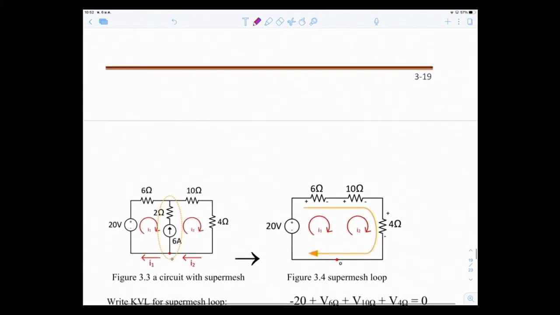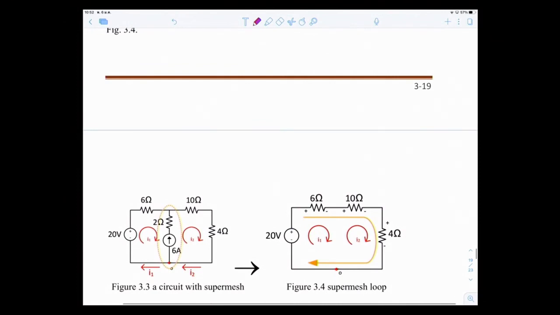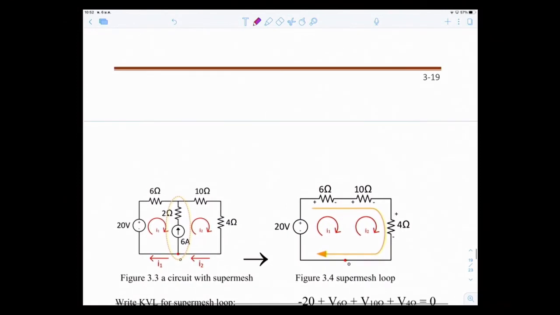Let's look here, this is an example of that. You have mesh 1, I1, and I2, and between these two meshes it shares a current source, right? So therefore now you have a super mesh.